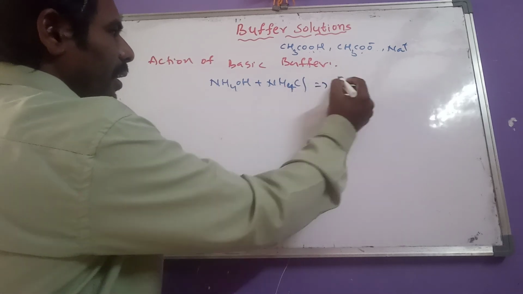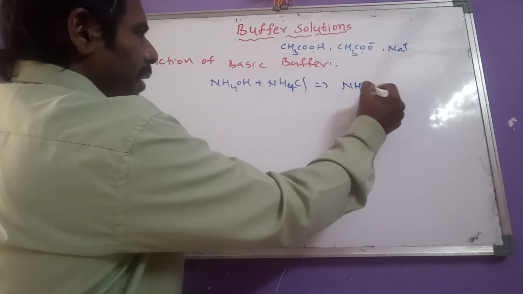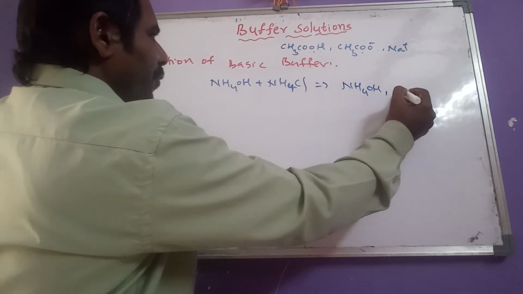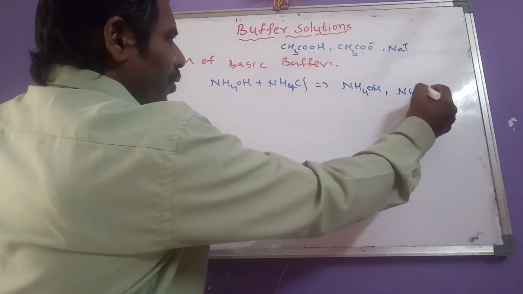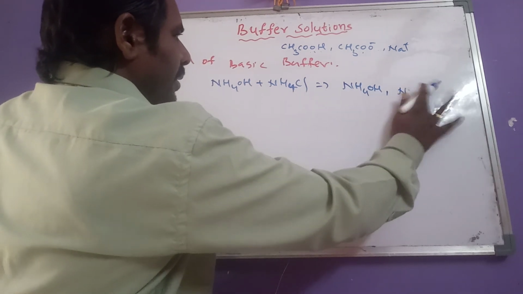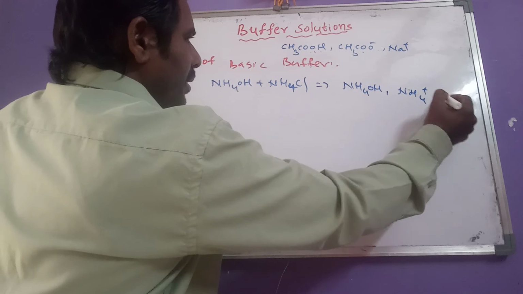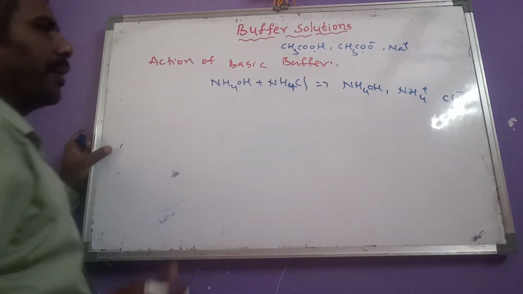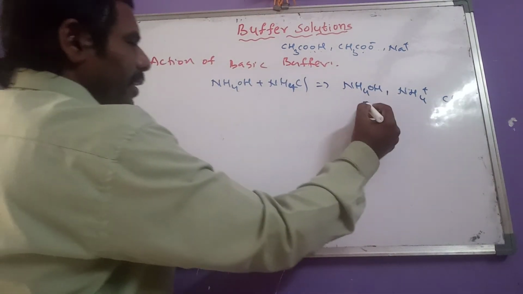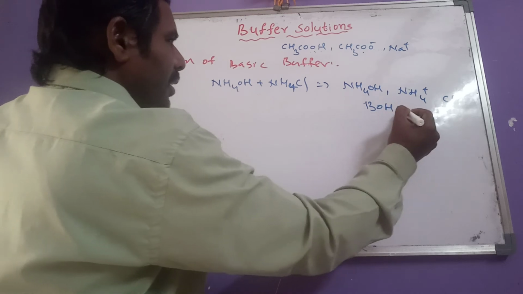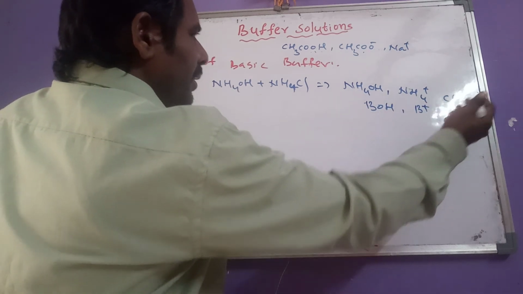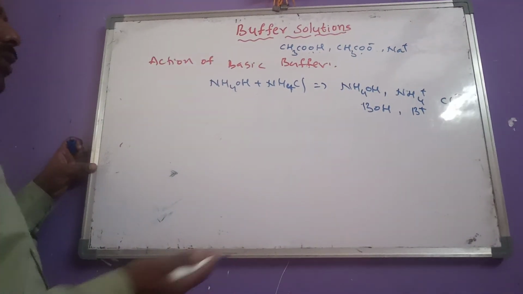Overall, the components present in this basic buffer are NH4OH, NH4 plus and Cl minus. These are taken as BOH, B plus, and of course Cl minus we need not write here.